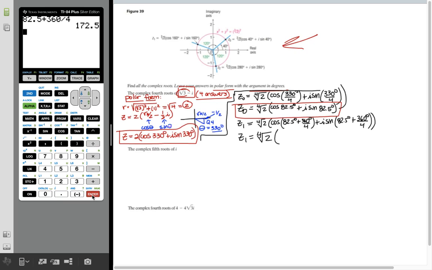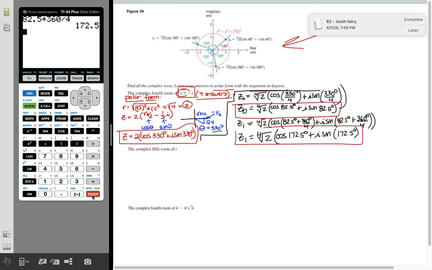And that's going to give me 172.5. And that's the angle measure that I'm going to use. So it's going to be cosine of 172.5 degrees plus I sine of 172.5 degrees.